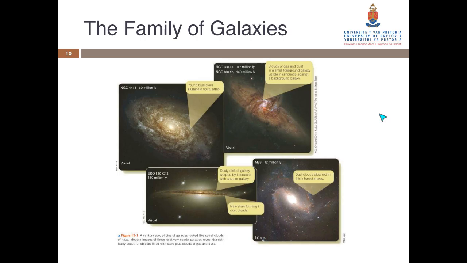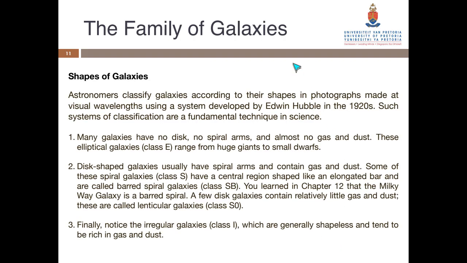A century ago, photos of galaxies looked like spiral clouds of haze, and modern images of these relatively nearby galaxies reveal distant, beautiful objects filled with stars plus clouds of gas. So we can classify these different galaxies.